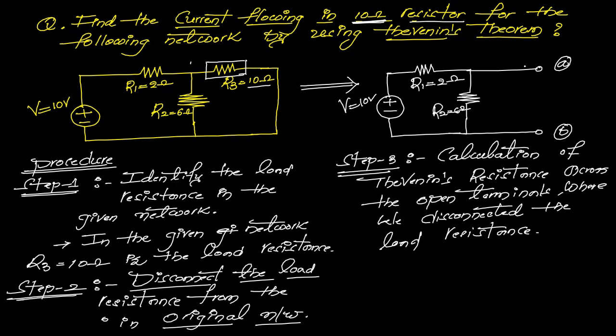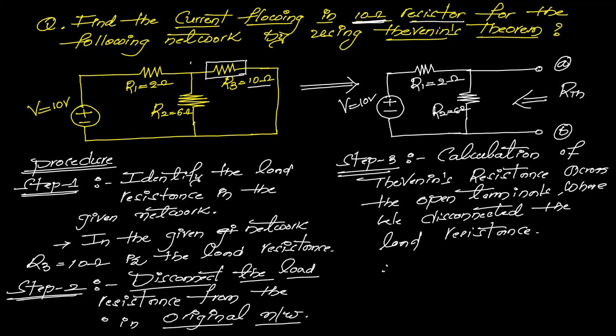It means we are disconnecting the load resistance in this branch, so A and B are the open terminals. Now we need to find the RTH across these terminals. When finding this Thevenin resistance across terminals A and B, we need to apply some rules.